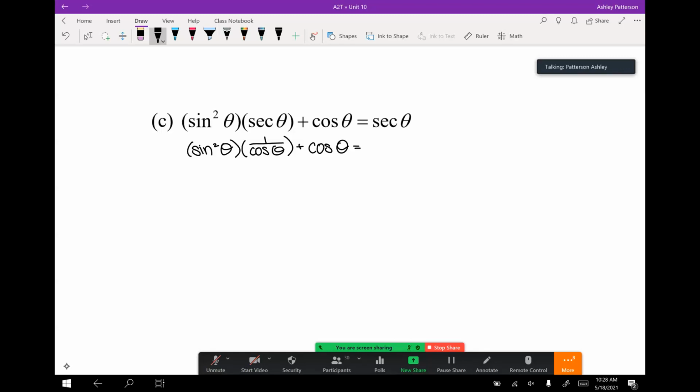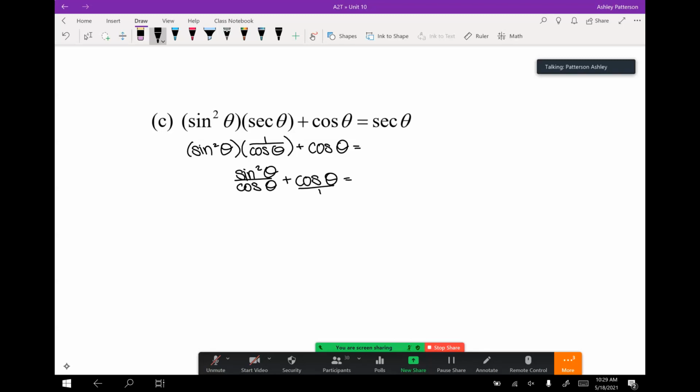Okay, on that left term, let's multiply across. So we end up with sine squared theta over cosine theta plus cosine theta. Well, I still have 2 terms, and I'm trying to get them to be 1. So on that right term, I'm going to put a 1 underneath. Let's get common denominators.